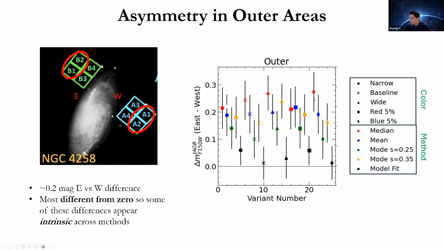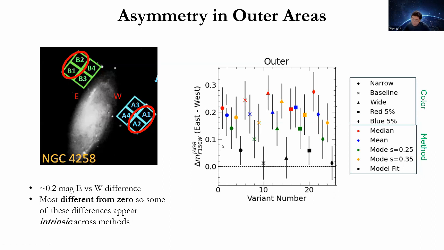On the right-hand side, I show the differences of the measured JGBs, east minus west, on the y-axis, and I plot that as a function of the variant numbers. Again, we have 25 different measurement variants: 5 different color ranges, as well as 5 different methods. We can see that most of the measurement variants are generally clustered around maybe 2/10 of a magnitude.